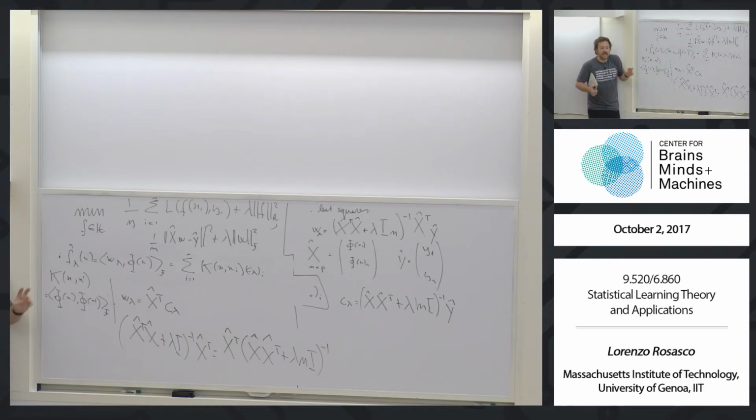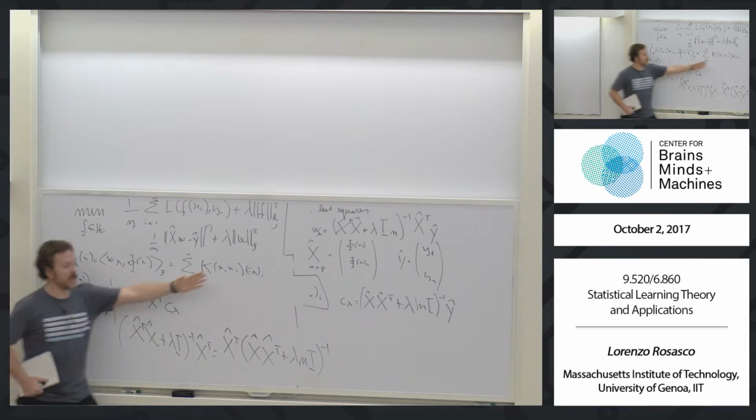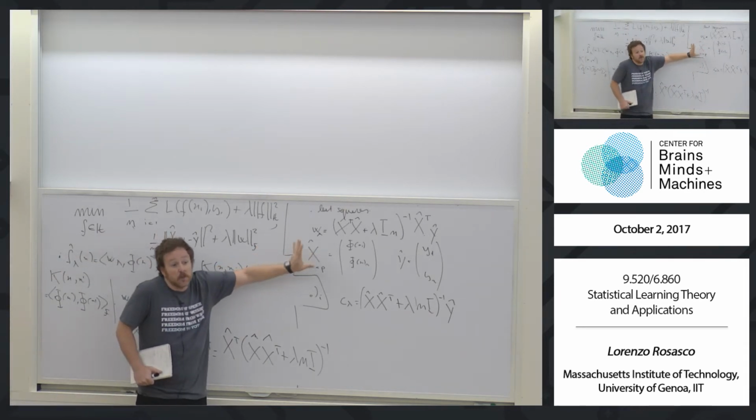Ignore its infinite dimensionality for a while, and you just treat it like a vector. You just go from W to C, and then you realize that once you are at C, you don't need phi at all anymore. You only need the kernel. That's the way we've been doing things for logistic, hinge, and now least squares. If it's finite dimensional, I use it. If not, I ignore the fact that it's not.